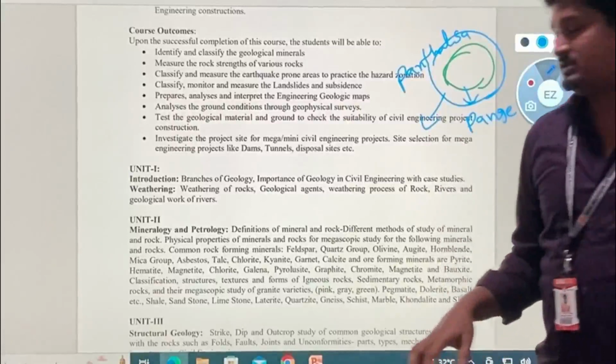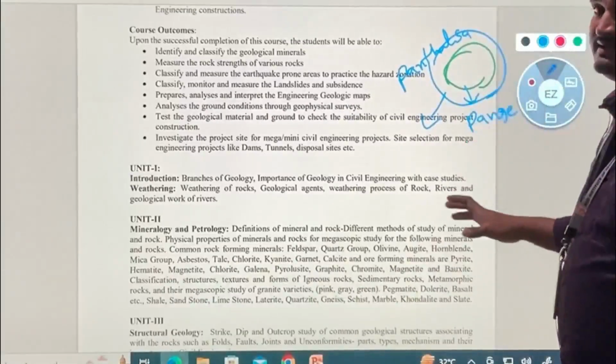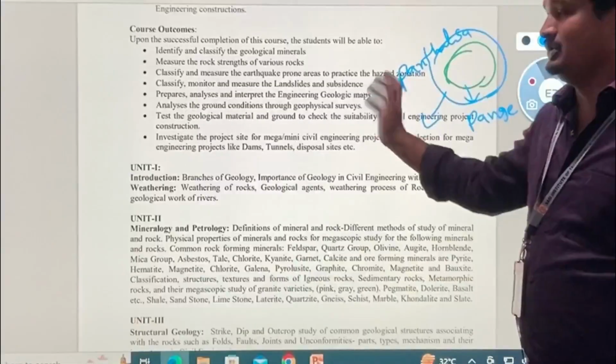After some time, they were converted into different continents and different oceans.